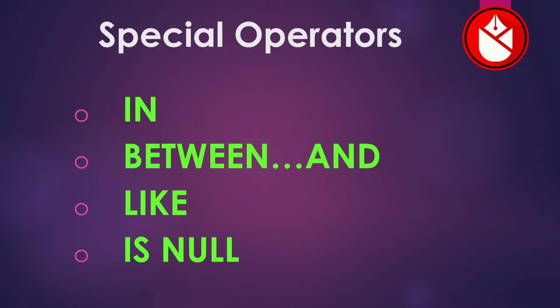And multiple values without a range can also be retrieved with the IN operator. Next one, BETWEEN AND, is basically used for a range. Suppose the records for salaries between 10,000 and 20,000. Already we have used the BETWEEN AND operators.